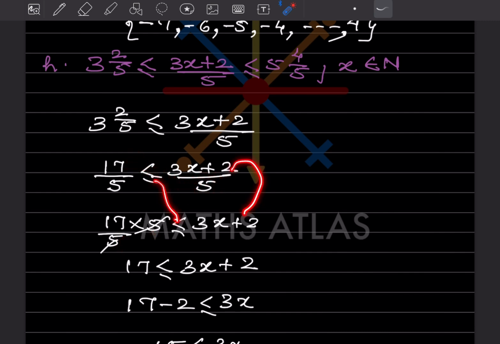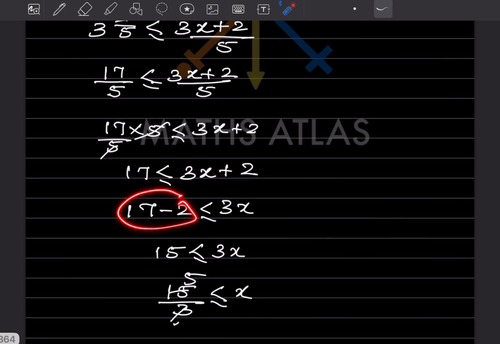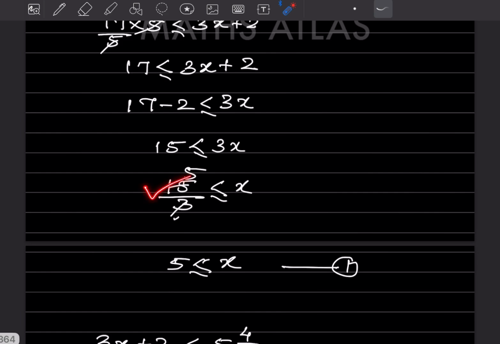So this and this get cancelled out. So 17 is less than or equal to the same part. So 17 plus 2 goes to the other side. That is going to be minus 2 is less than or equal to 3x. So this should be 15 is less than or equal to 3x. So 15 divided by 3 is less than or equal to x. So that will be 5 is less than or equal to x.